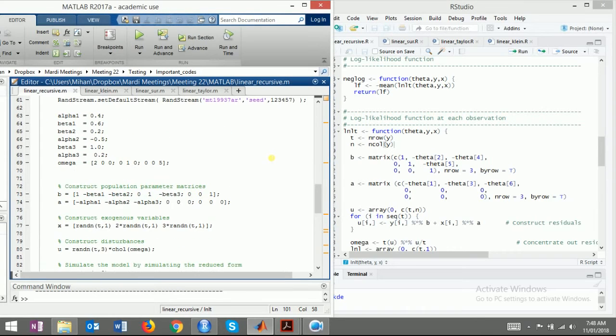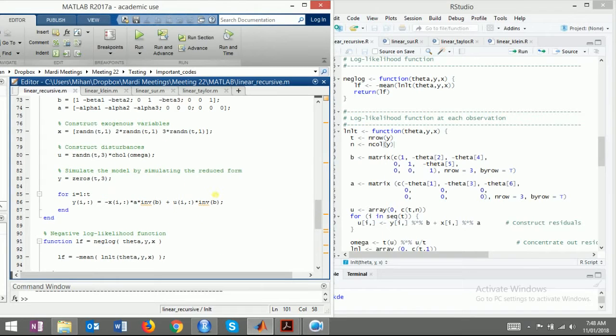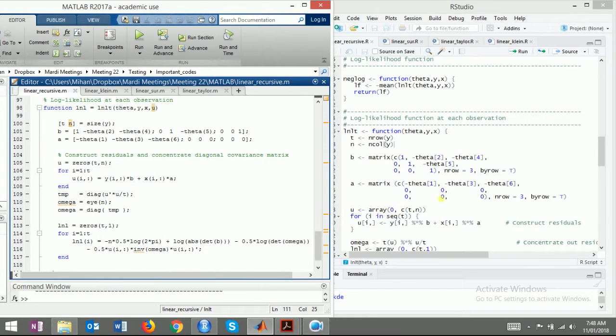Using u's or the disturbances, we simulate disturbances from the omegas, and using the disturbances and other given values we simulate y's. But for log likelihood we don't basically include any given information. We just give it a structure, actually mentioning where the thetas should locate. That's all.